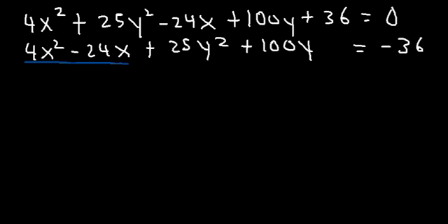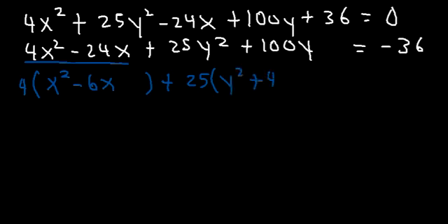So let's factor out a 4 from the first two terms. We want x squared to have a coefficient of 1. So it's x squared, and then negative 24x divided by 4, that's negative 6x. And let's leave a space. Let's factor out 25. 100y divided by 25 is 4y. Leave a space. And then let's complete the square.